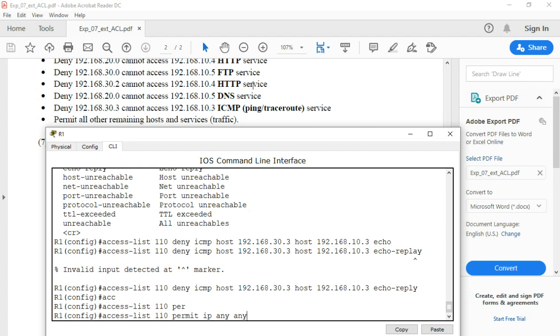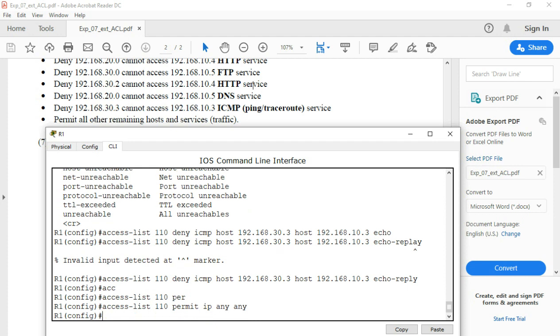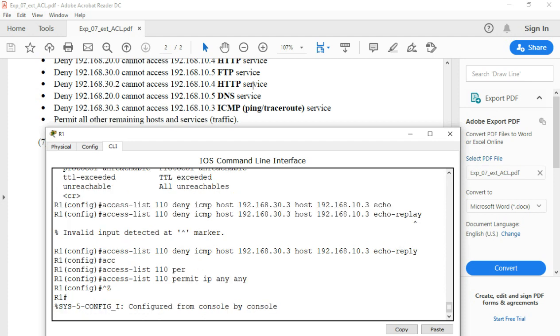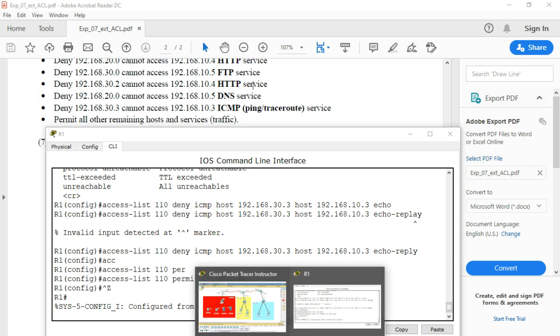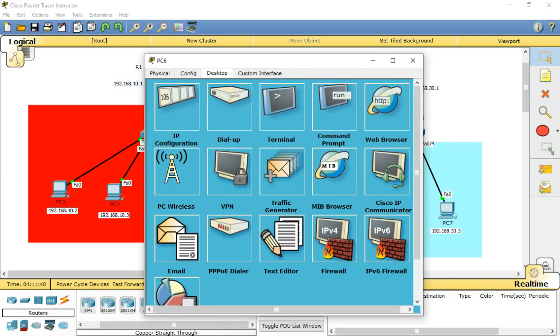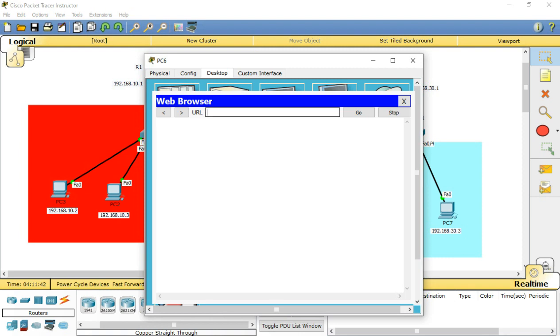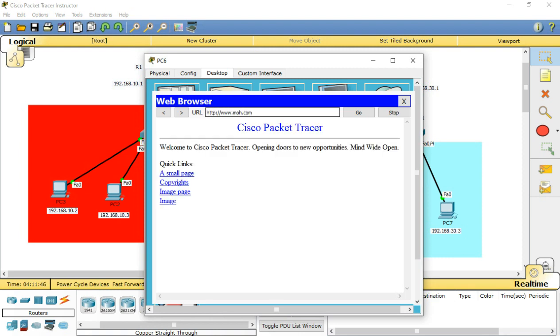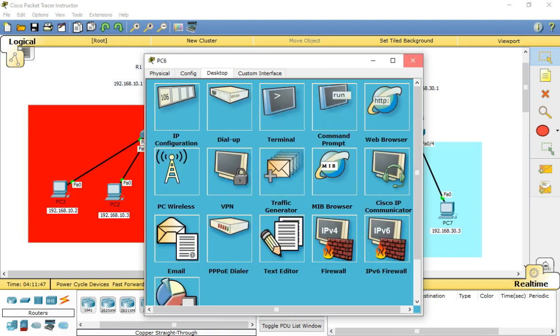So it's just based on IP addresses. Now we didn't apply it yet, so let's test the network. It is still working. We didn't do anything till now. If we try again, it will work. Okay, still working.